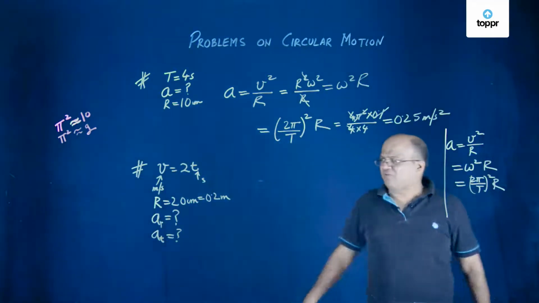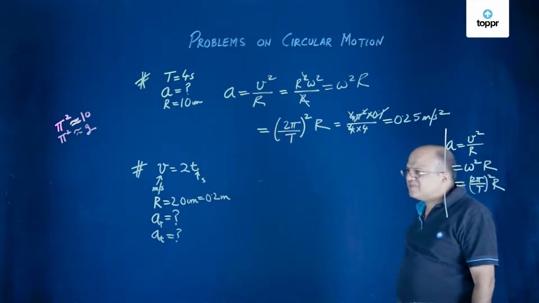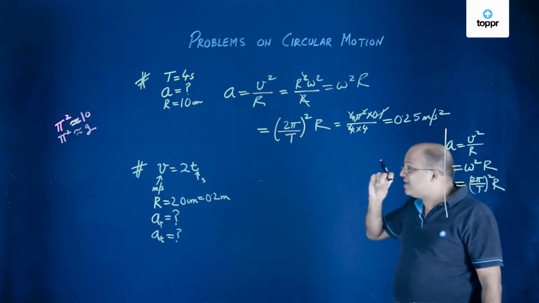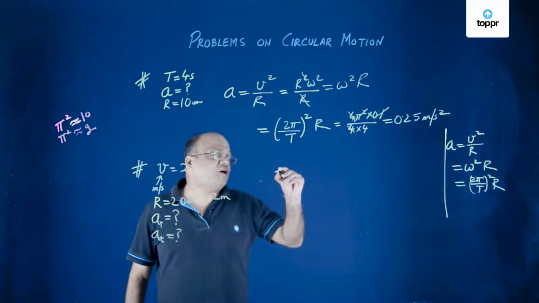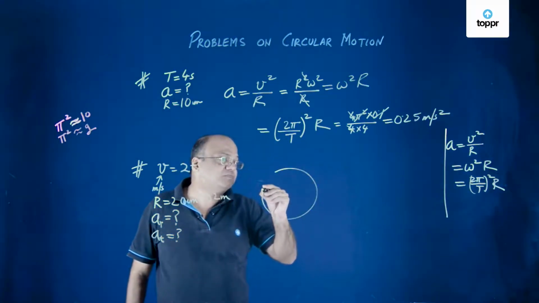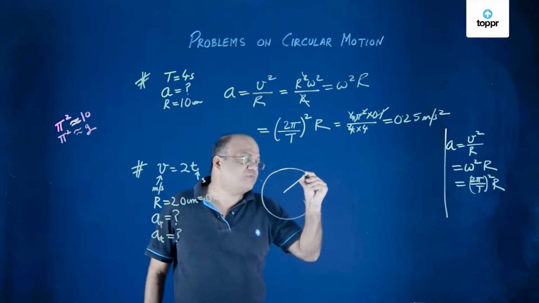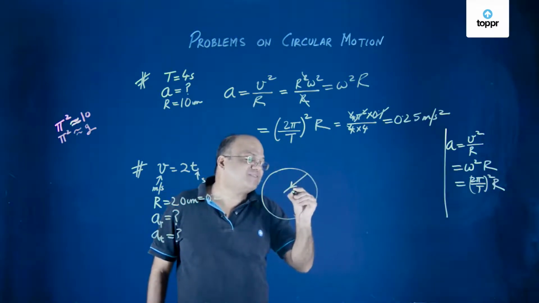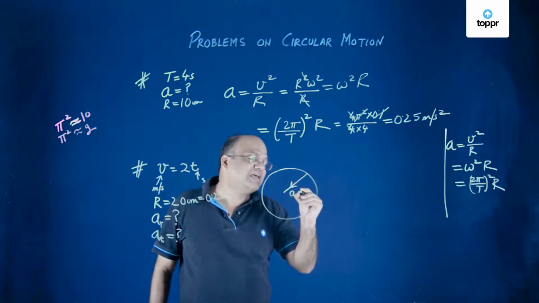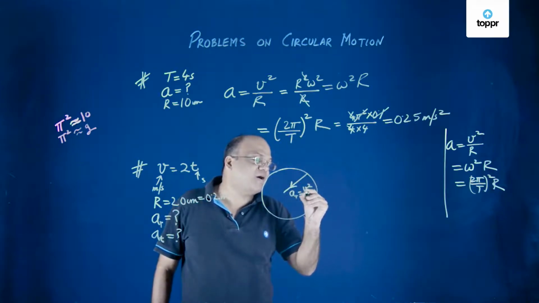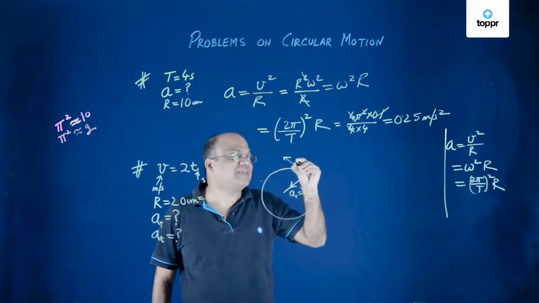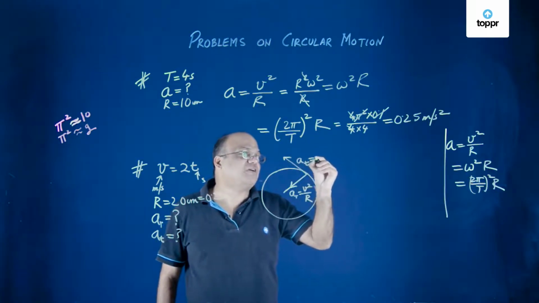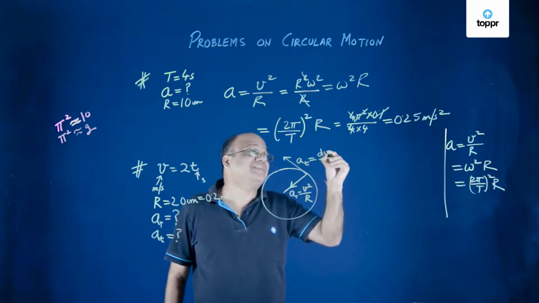Right? So how to solve this question? We need radial acceleration and tangential acceleration. This is non-uniform circular motion. In non-uniform circular motion, we have got a centripetal acceleration given by v square by r, and a tangential acceleration a_t, that is the rate of change of speed, dv/dt.